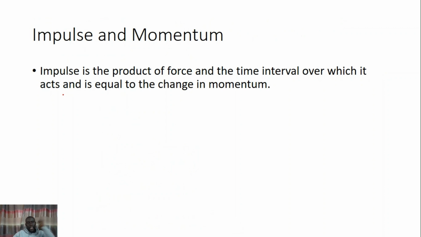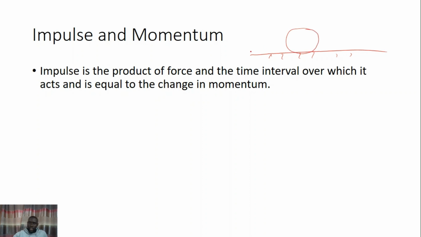So, like I said earlier, impulse is a product of force and the time interval over which it acts and is equal to the change in momentum. Let me explain this further. Let's say there is a ball on the floor like this.